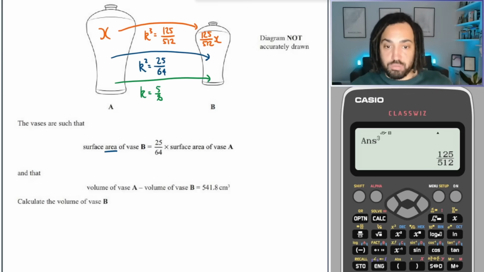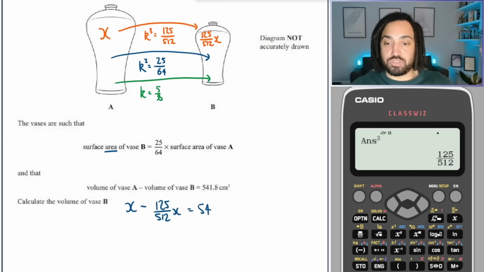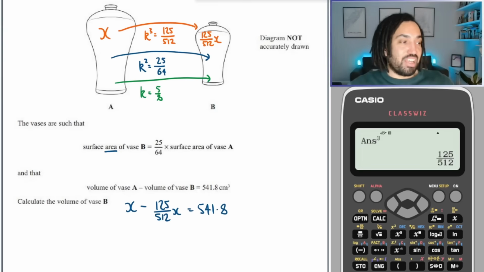The volume of vase A is x, minus the volume of vase B is 125 over 512 x, and that equals 541.8. So how many x's have I got there? And don't say 2. I've got 1 and I'm going to take away 125 over 512 lots of x.